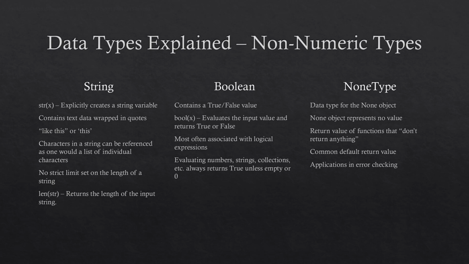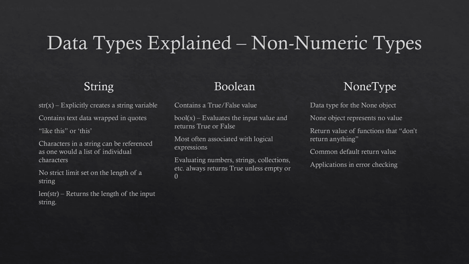So we can explicitly create a Boolean with bool x. You usually don't have to do that. If you're trying to make a Boolean, then your expression is going to be pretty obvious. But if you need it, you can always do bool and then your expression inside parentheses.